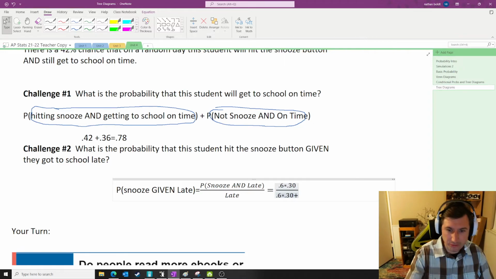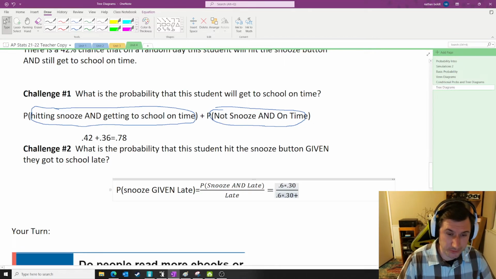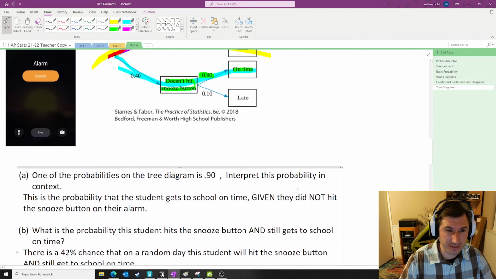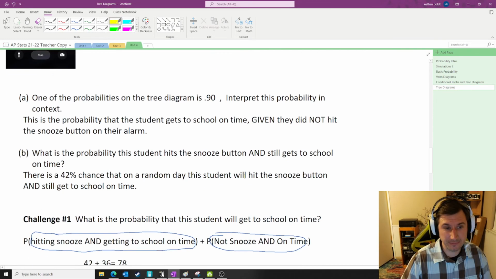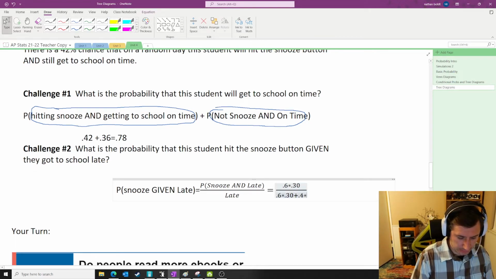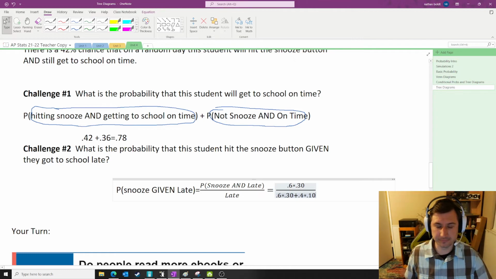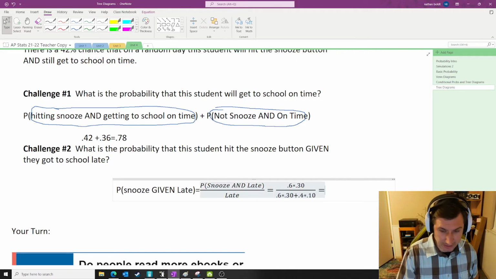What's the other way they can be late? They can not hit the snooze and be late. That's this bottom one. So 0.4 times 0.10. All right, then whatever that fraction adds up to be.